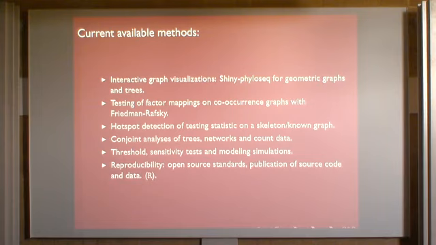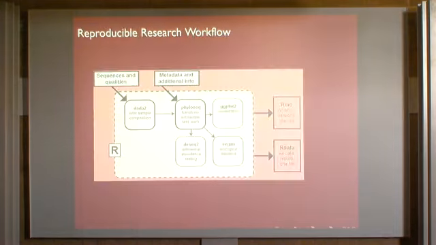I didn't show you how all the filtering and various bells and whistles work with that, but for us, this has been a sort of gateway drug to get some of our biologists using R and thinking, oh, this is really cool, now I can learn it. We also have many ways of testing how you map factors onto graphs and hotspot detection. We're doing threshold and sensitivity testing because we have all this code and we make very different thresholds and see how robust things are. And we have the code available.